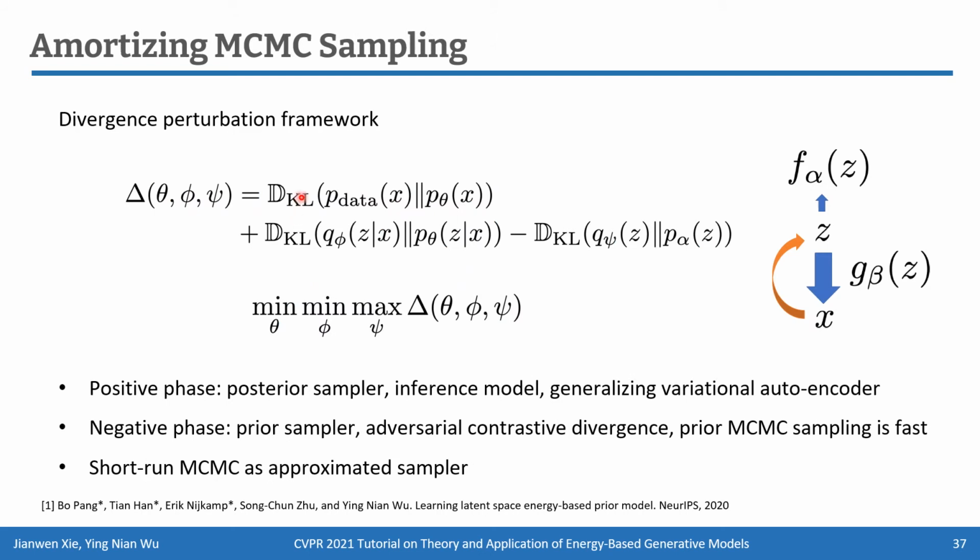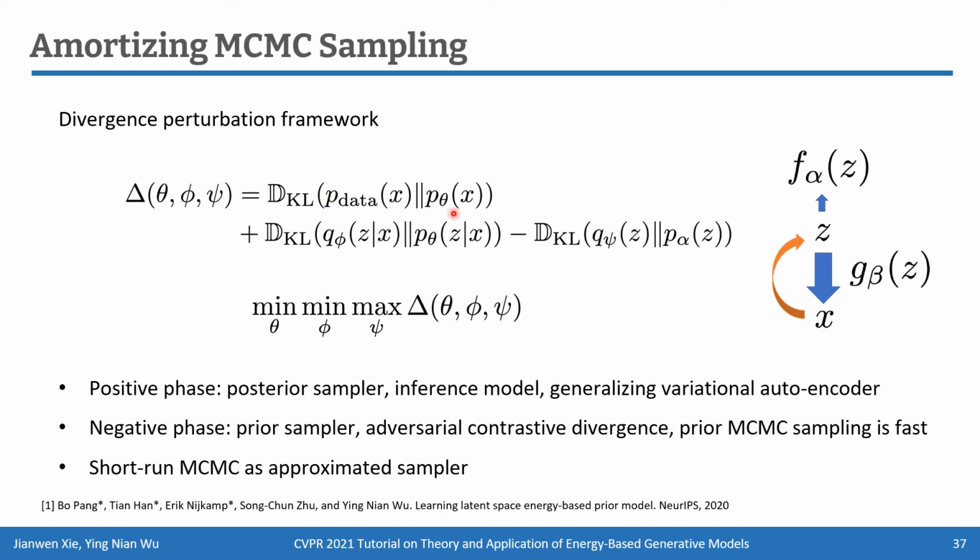You can also approximate MCMC sampling from the prior distribution and the posterior distribution by learned approximate samplers or learned models. And again, you can do that within this divergence perturbation framework, or divergence triangle framework.